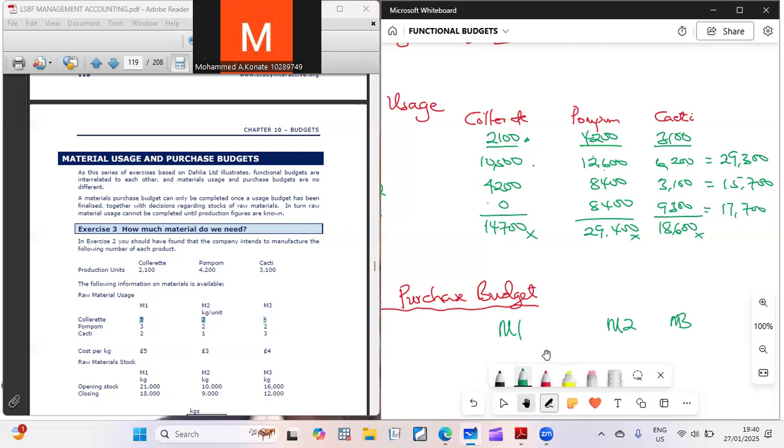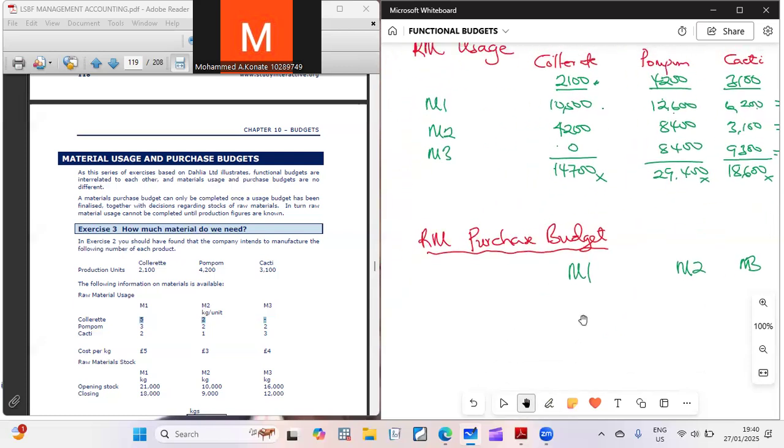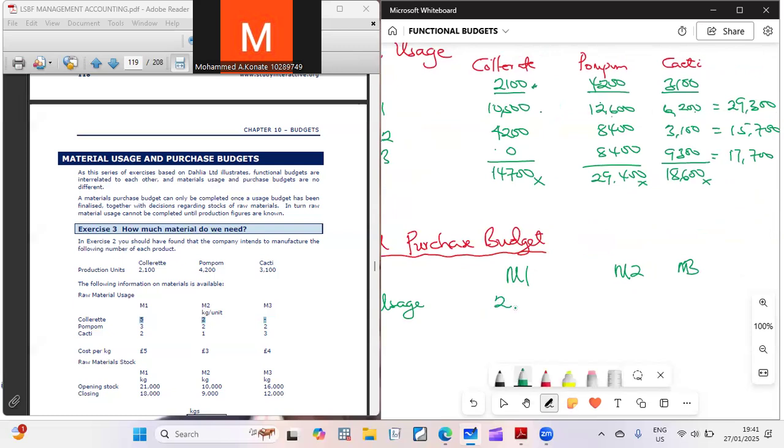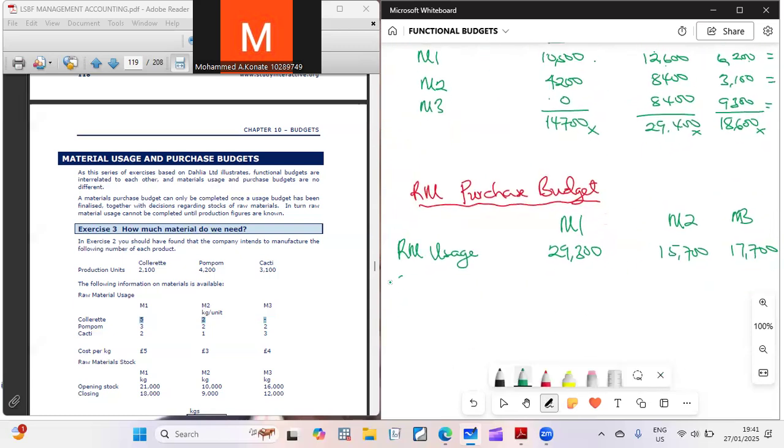So the materials that we need, the raw material usage: you will need 29,300 here, 15,700 here, then 17,700 here. Then what do we do? You add the closing and you less the opening.